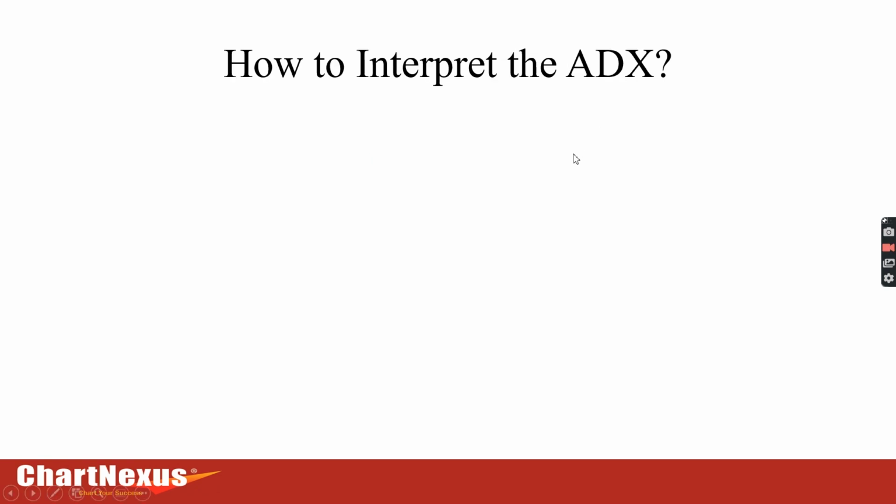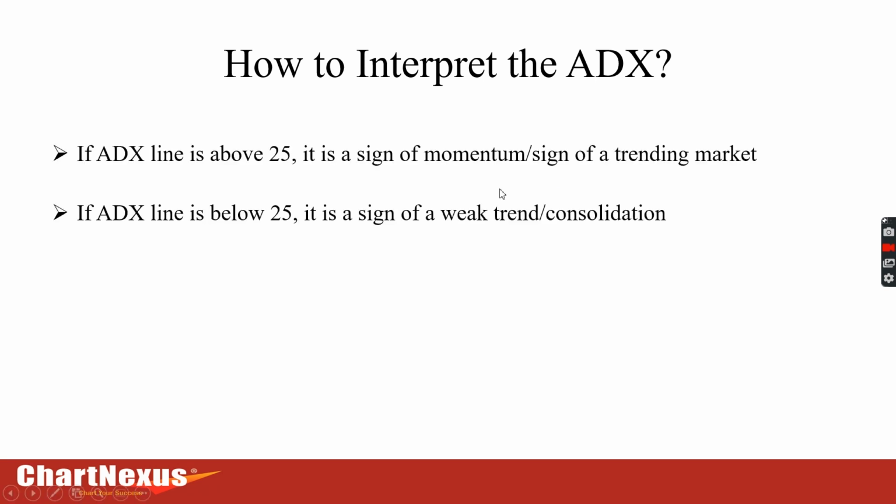So how do we interpret the ADX numbers? As I've just said, the ADX number tells you the strength behind a trend. Typically, and this is quite subjective to different traders, 25 is the minimum line where a trend is considered to have some momentum behind it.